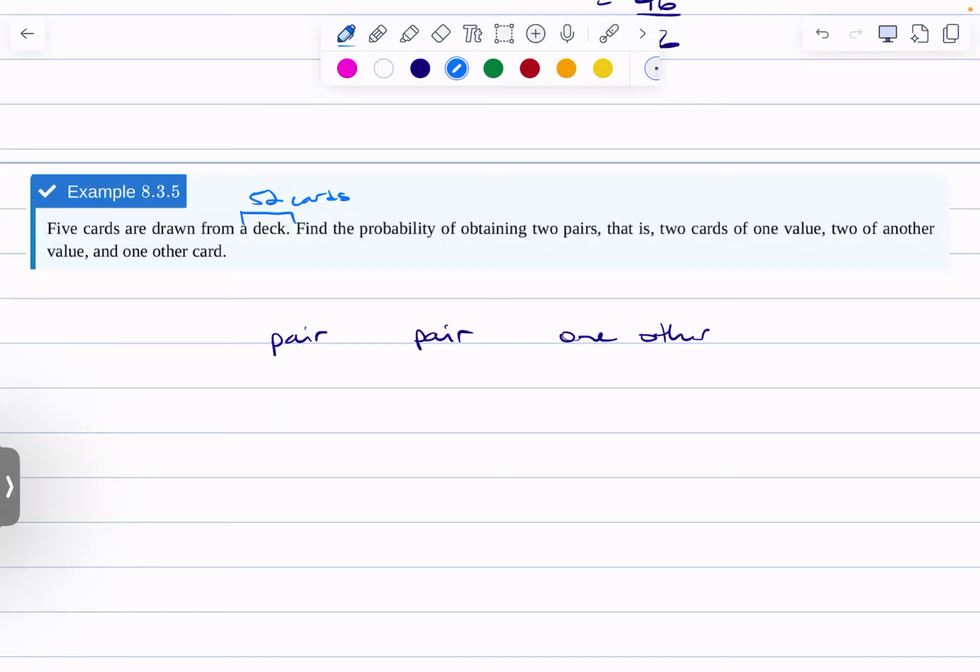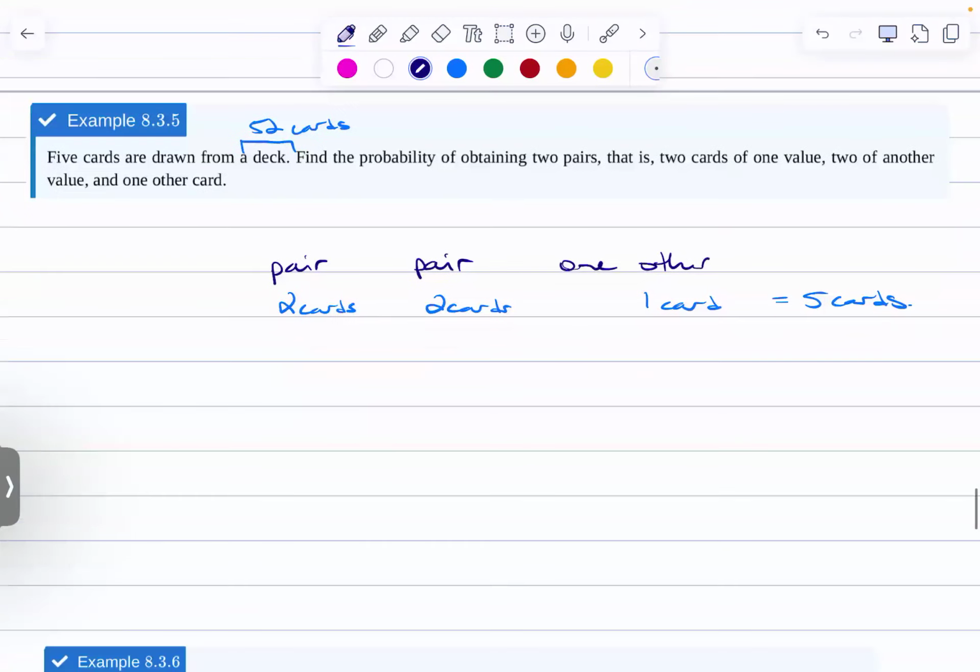Okay, so this is 2 cards, this is 2 cards, and this is 1 card, which means I've drawn a total of 5 cards. Why do we need to know that? Because just like before, we need to figure out how many ways can I draw just 5 cards. And then this scenario is going to be some number of those 5 card draws.